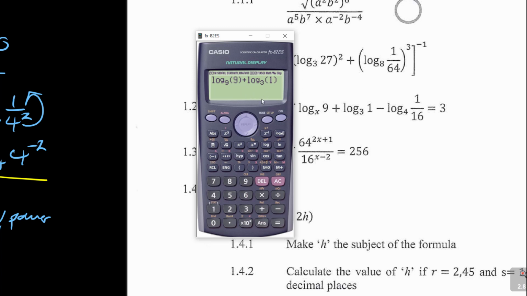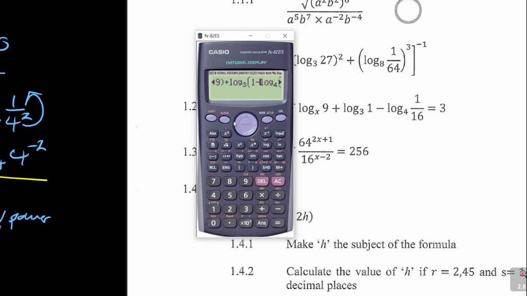Remember we said our x was 9, that's why I'm putting a 1 there, minus log base 4 of 1 over 16 is equal to 2. Why am I getting a 2 there? Let me check if there is an error I made. It's log base 4 of 1 over 16.